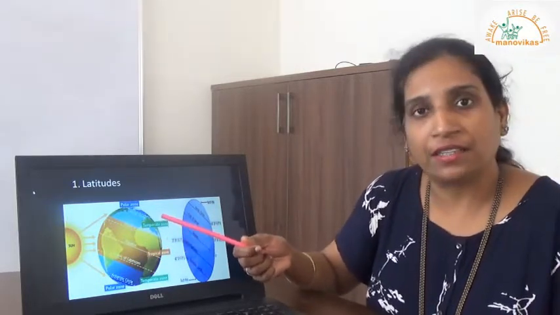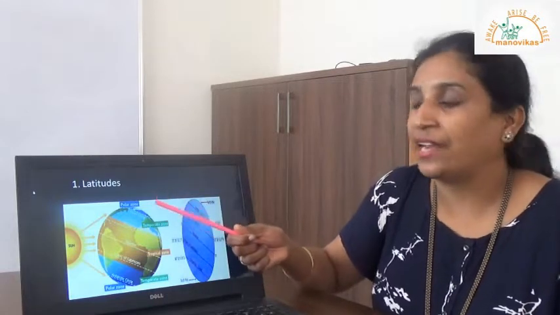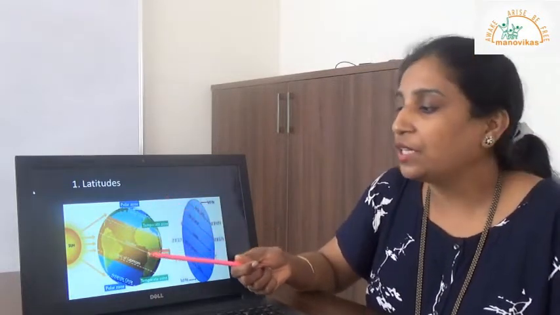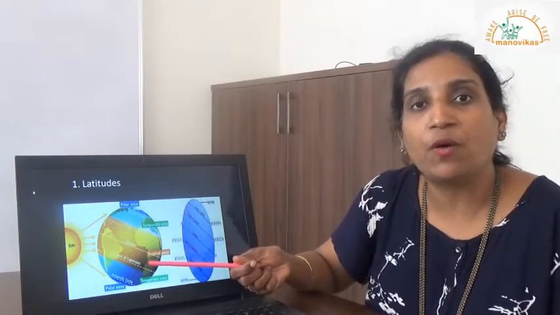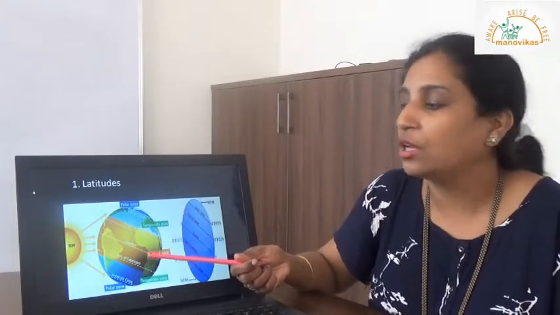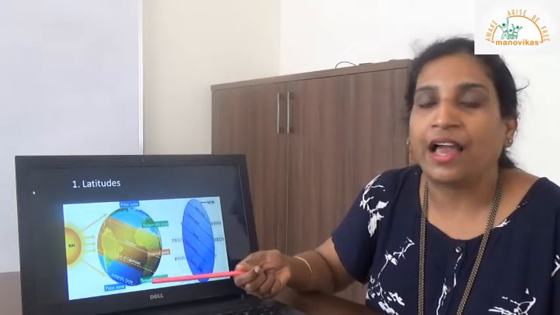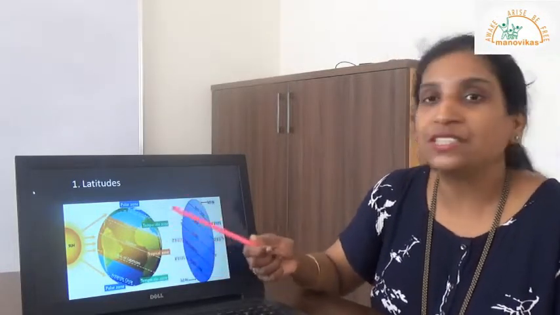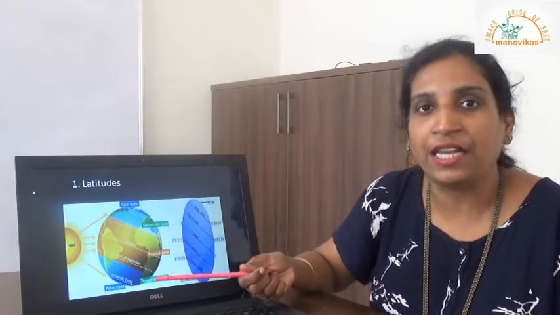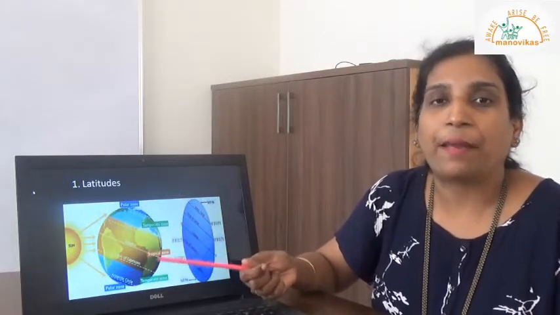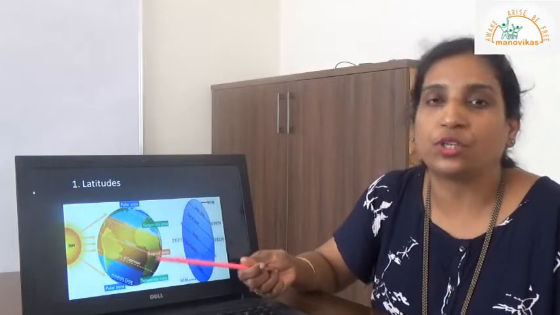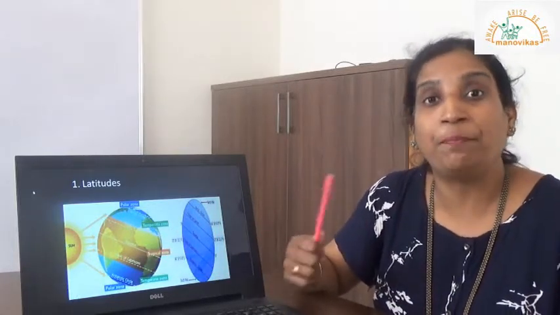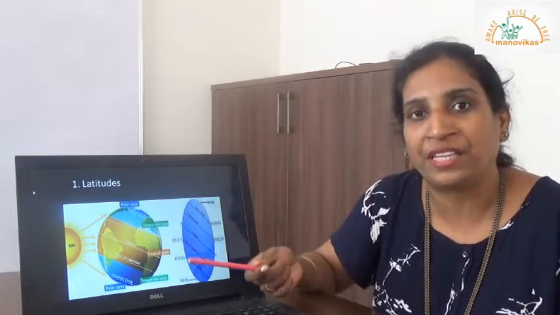Then we have the Arctic Circle at 66.5 degrees and 90 degrees north, that is the North Pole. In the southern hemisphere we have the Tropic of Capricorn at 23.5 degrees south, then the Antarctic Circle and the South Pole, that is 90 degrees south. Now based on this latitudinal extent, we have different climatic regions or heat zones on the earth. So that is how latitudes help to decide the climate of a place.